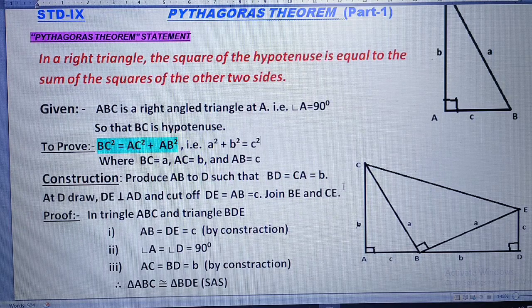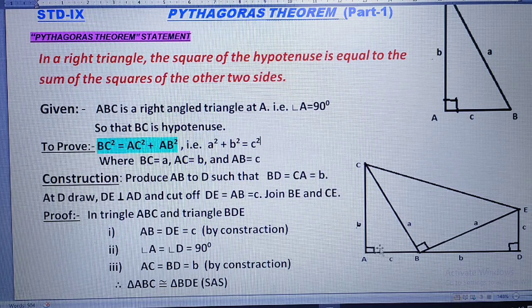Now we will prove it. First step: compare the two triangles, triangle ABC and triangle BDE, where AB is equal to DE, which equals small c, as already marked in the figure, by construction.